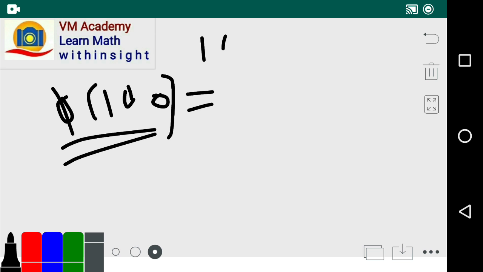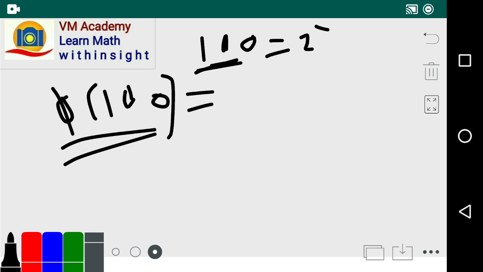First factorize 100. So first write 100 in the factor form. 100 means 10 into 10, and 10 can be written as 2 into 5.